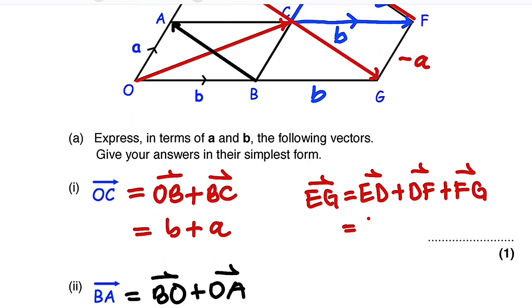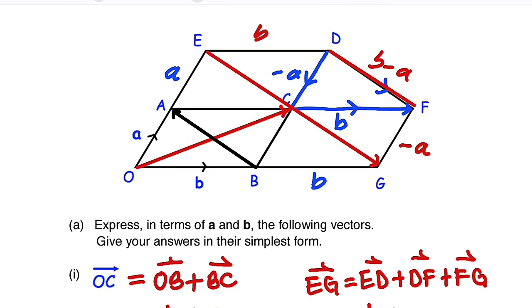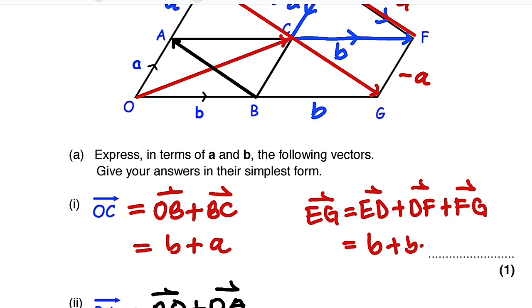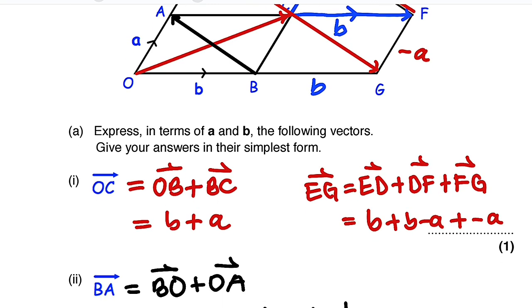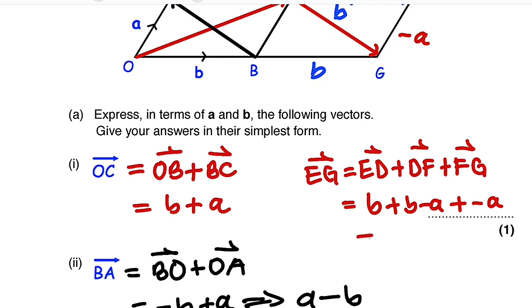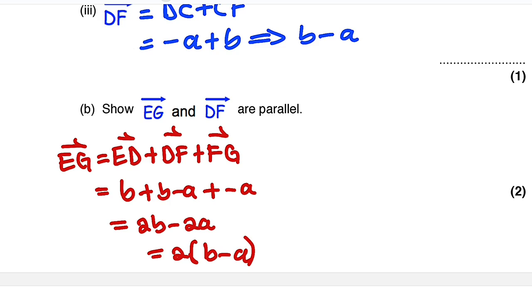ED is B. DF is B minus A. B minus A plus, lastly, minus A. All right. So if you compute, this is going to give us 2B minus 2A, right? Which can be simplified to 2 times B minus A. So let me just copy this one. So we have seen that EG is 2 times B minus A.